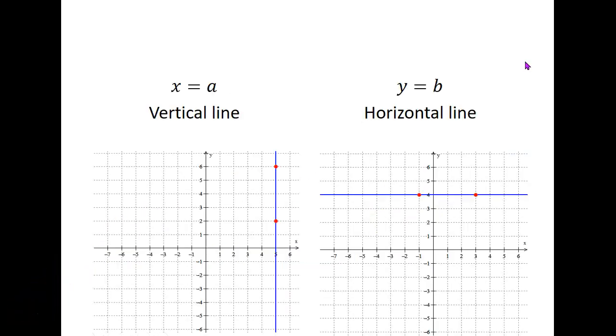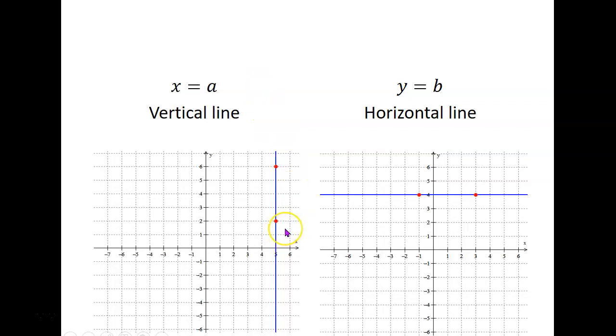A couple of special cases to be aware of. If you have a vertical line, one that just goes straight up and down, you're not going to be able to put it in slope-intercept form because the slope is undefined. But you can write an equation for a line like that, and the equation would just be x equals some particular number. So if you have an equation x equals just a constant, and you're interpreting that in terms of both x and y, that would be a vertical line.